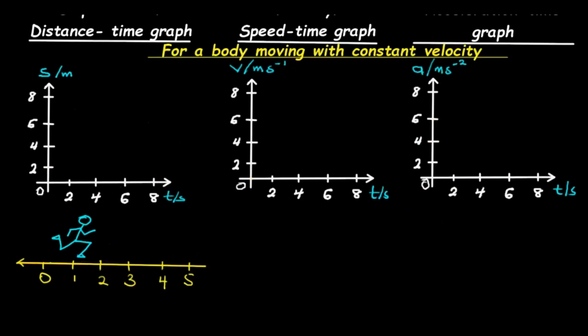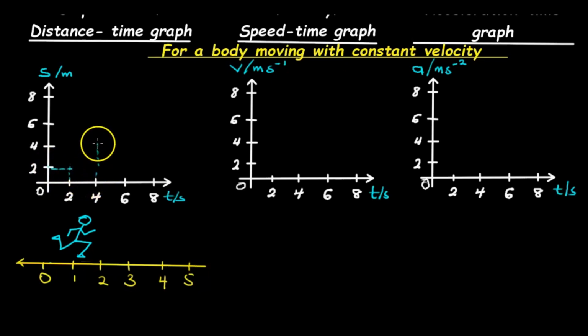So what if the object is not stationary and is moving? This time around, it is moving with a constant velocity. Moving with a constant velocity means that the rate at which displacement changes is equal to the rate at which the time also changes. So at time 2 seconds, we have displacement to be 2.